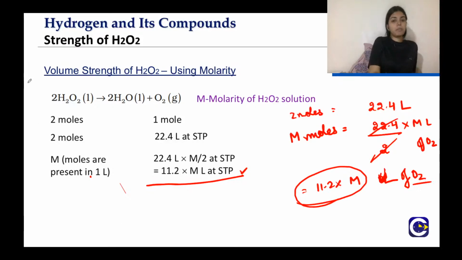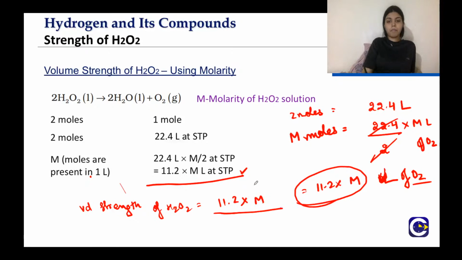For numerical purpose, you can just remember that volume strength of peroxide, volume strength of H2O2 equals to 11.2 into M at STP. Okay, because volume strength was what? That how much amount of oxygen gas will be evolved when 1 liter of peroxide solution will be decomposed.